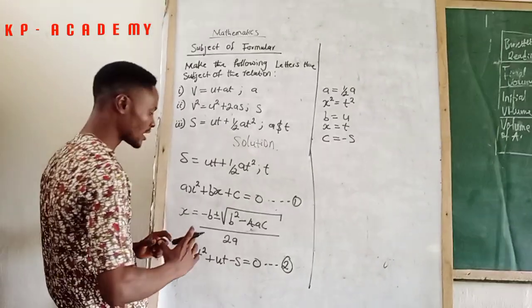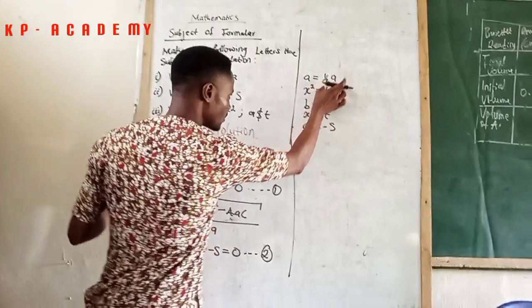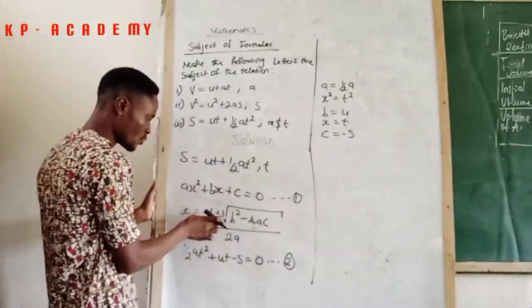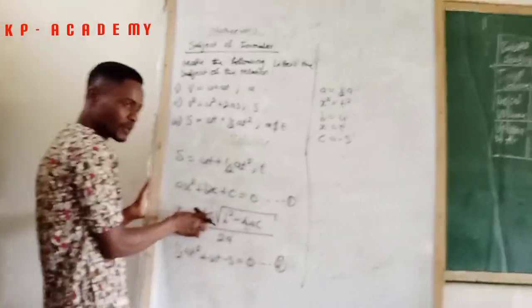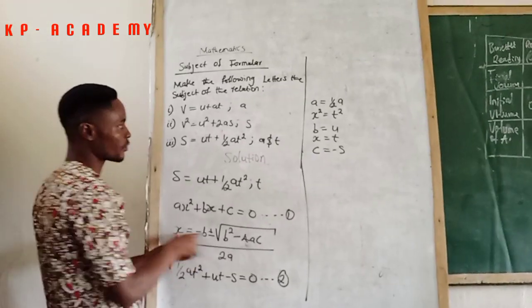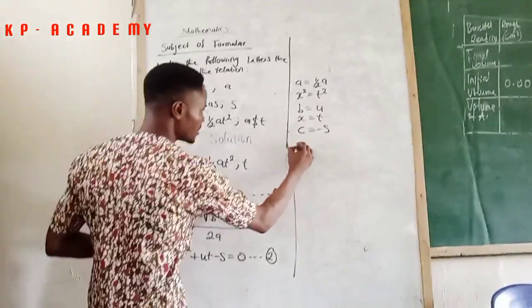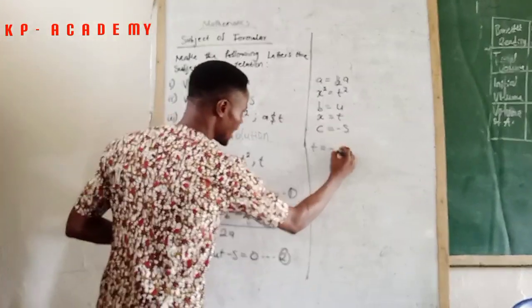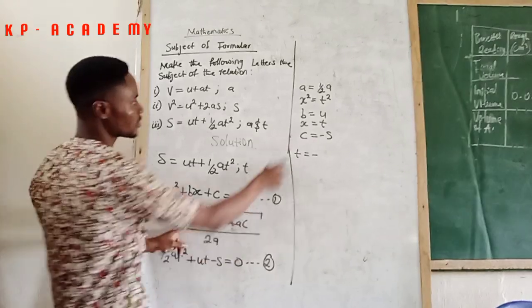Now, I am going to substitute all of these parameters into this formula. So, here, x is equal to, so instead of writing x, I will write t. So, t is equal to minus b. B is what? B is u.